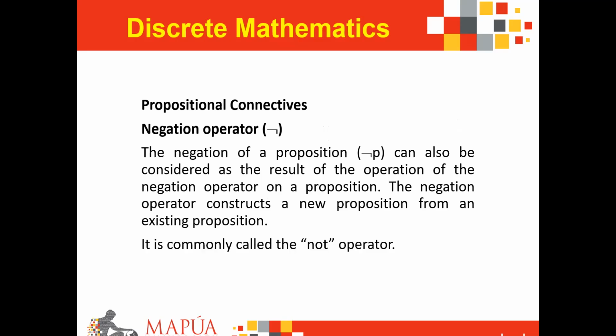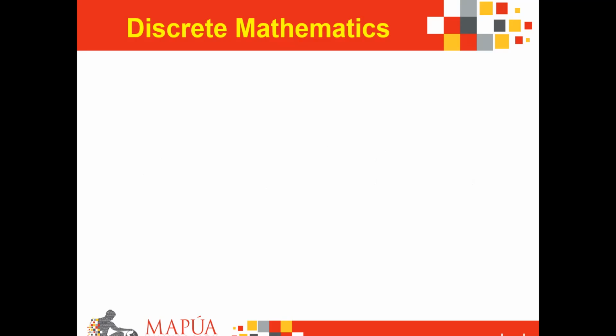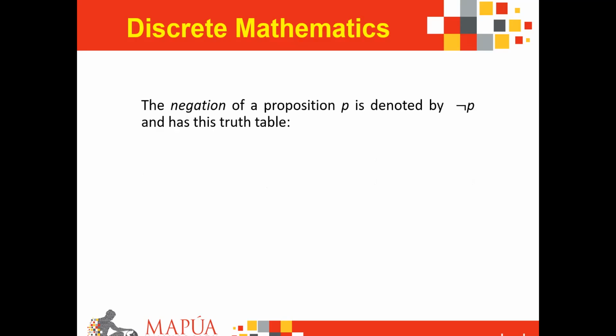It is commonly called the NOT operator. It is defined using a truth table, which looks like this. So, if the propositional value is false, then the output seen in the right column becomes true. If the input proposition is true, then the output of your corresponding negated proposition becomes false.